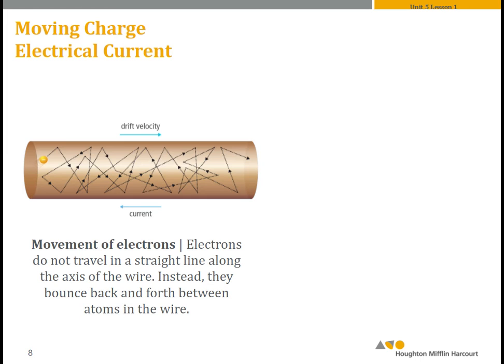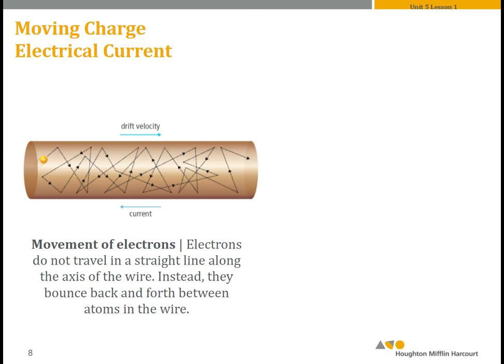So we know that electric charge is measured in coulombs, and just like velocity would be measured in meters per second, which is how many meters an object moves through in 1 second, current is measured in coulombs per second. So it's how many coulombs of charge pass a point every second.